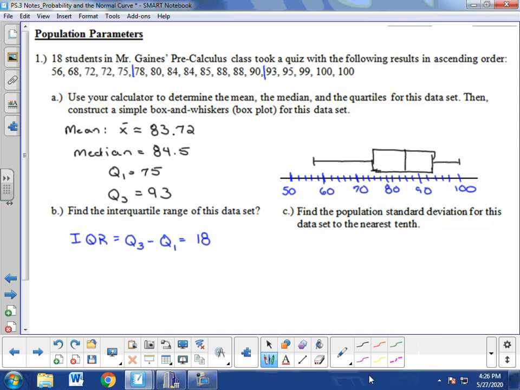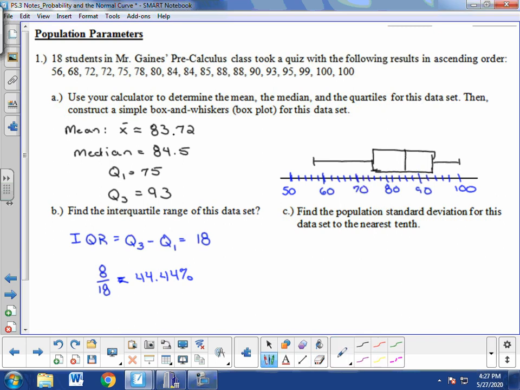So 8 out of my 18 scores lie within this interquartile range. This question didn't ask us exactly how to find this, but we can find that approximately 44.44% of scores lie within this interquartile range. So it's a decent distribution of data based on this information, but not great.